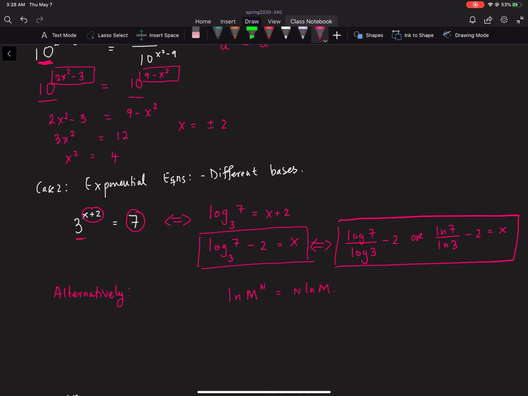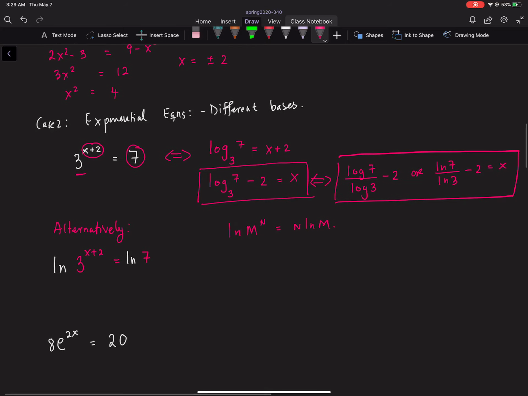So we do have this property which allows us to drop the power down, and then it becomes much easier for us to work with the variable that we're trying to find. So alternatively, what I can do is apply ln on both sides. So I get ln of 3 to the x plus 2 is equal to ln of 7. All right, you could equally use your common log, which is base 10, to do it, but you see me using ln every now and then.